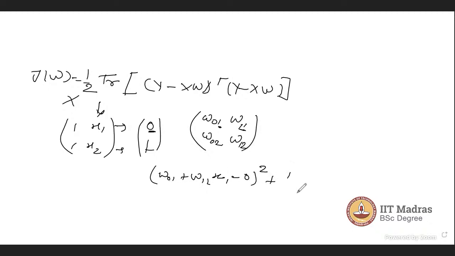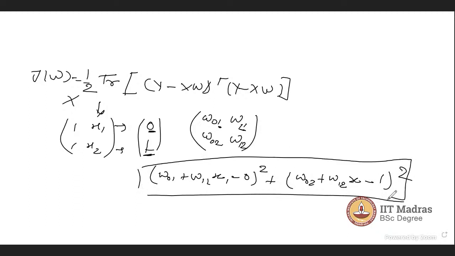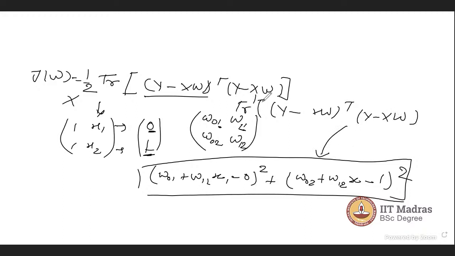So plus something like that, w02 plus w12 x minus the actual output. This will be your matrix. So you can check the trace of this matrix. You just calculate y minus xw transpose and y minus xw, and check whether the trace of this is coming equal to this or not. It will come similar to this. That's how you can verify your procedure.